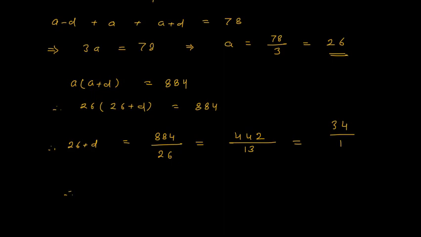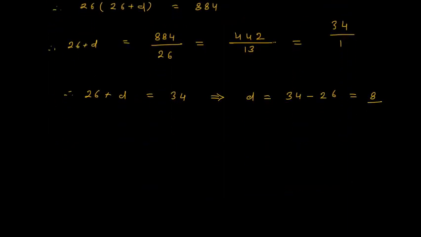So this is 34. So 26 plus d is equal to 34. This will give you the value of d, which is 34 minus 26, and 34 minus 26 is 14 minus 6, which is 8. So the value of d is 8.